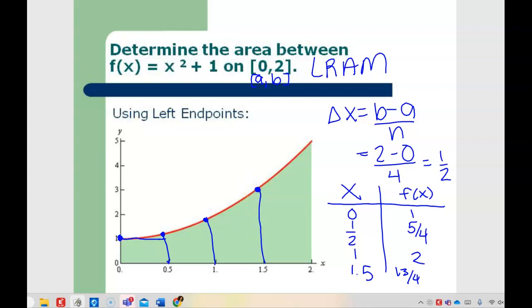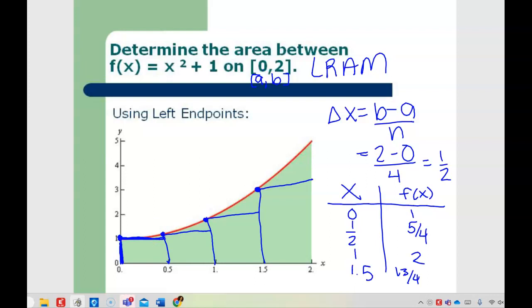So this is the base. The height comes from the left side. So rectangle, rectangle, rectangle, where the height comes from the left side and the width or the base comes from the delta x.